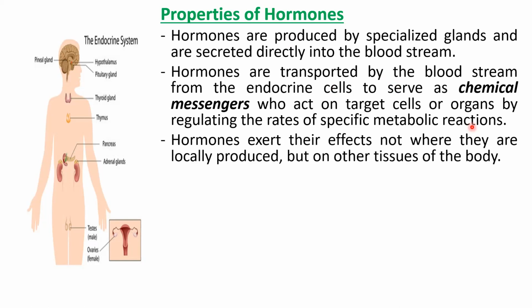Hormones exert their effects not where they are locally produced, but on other tissues of the body. So hormones produced in endocrine glands don't have any effect on the particular region where they are produced, but make their effects on other parts of the body.